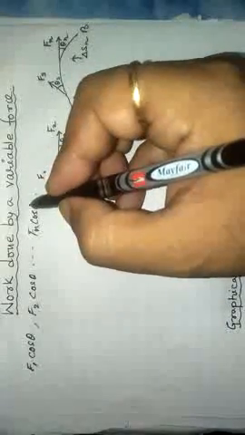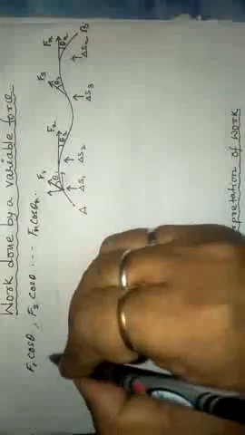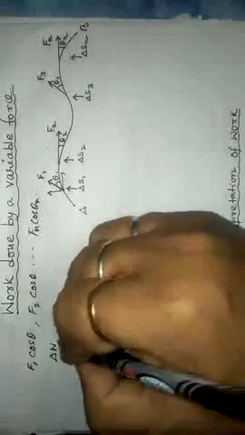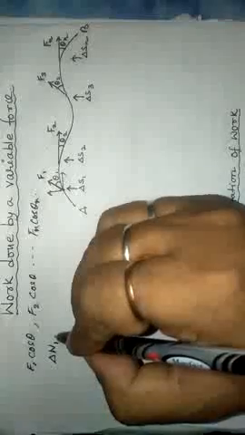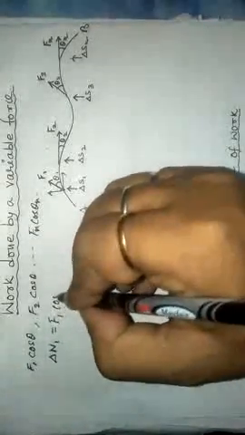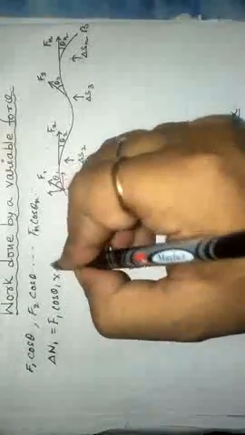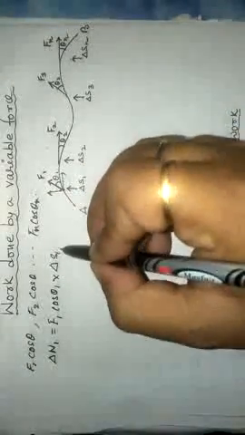Now the work done at those points. Let us write it as, at the first point, delta W1. Delta means small. Delta W1 is equal to F1 cos theta 1 into delta S1. So this is force into displacement.